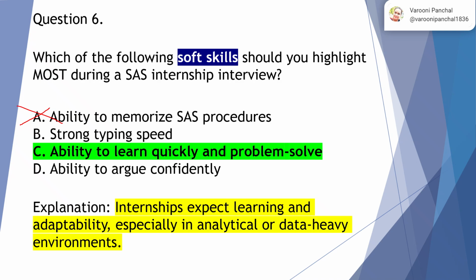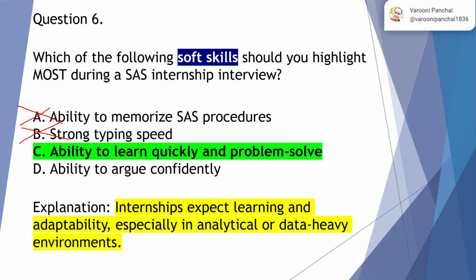Do you have the ability to solve any kind of problem that comes up, right? Strong typing speed. Even if you have strong typing speed, but you do not know what decision needs to be made, you do not know what you are doing, it doesn't make sense. You're typing very fast, but you don't know where to go, right?